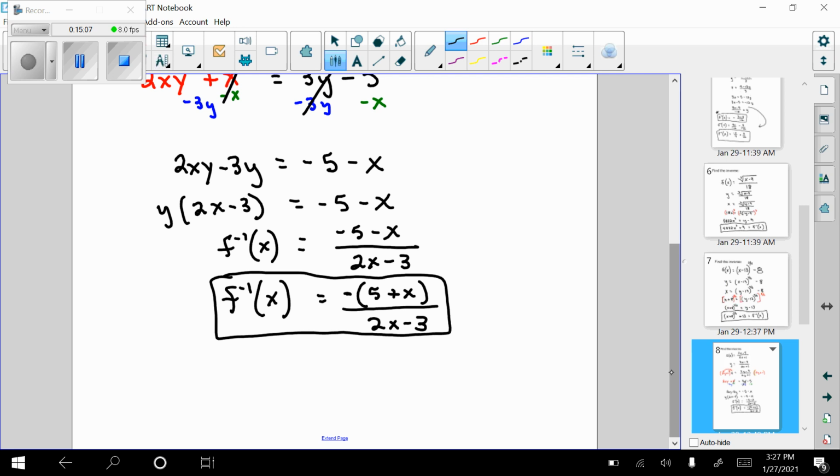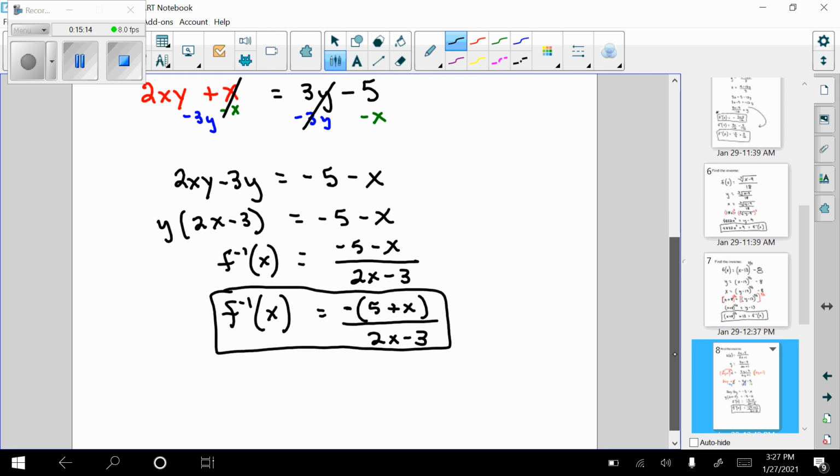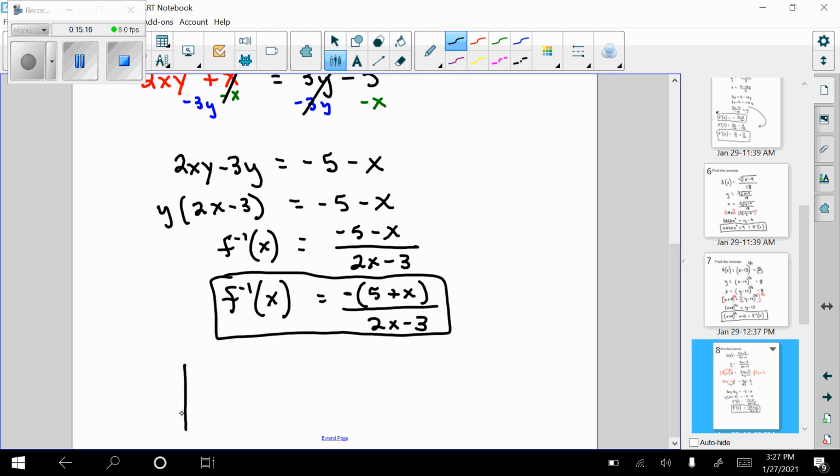Okay, so the inverse of that original rational function was a rational function. So it's kind of like if you have a rational function that looks like this, the inverse is going to look like this, perhaps. Perhaps, not necessarily that one that we just did. All right.